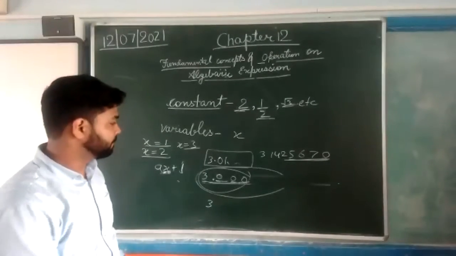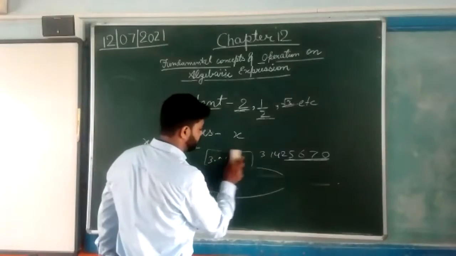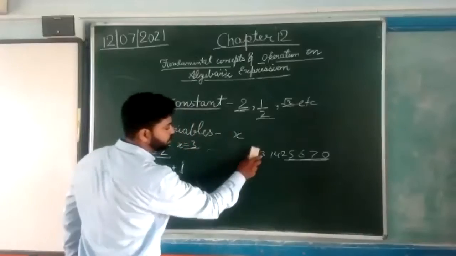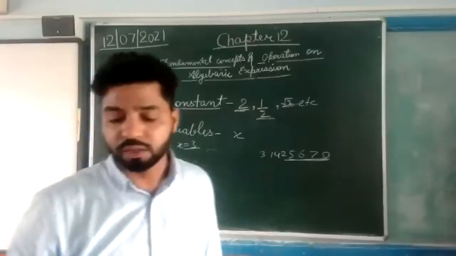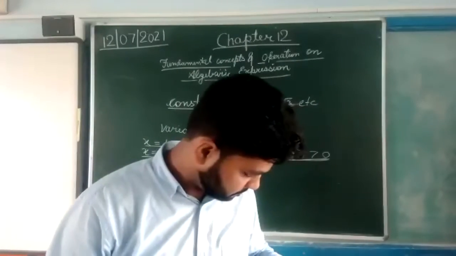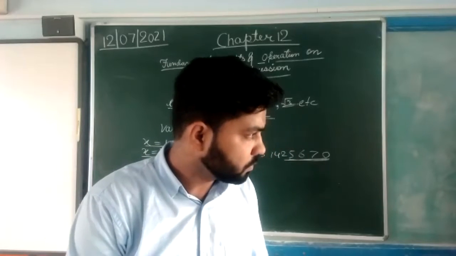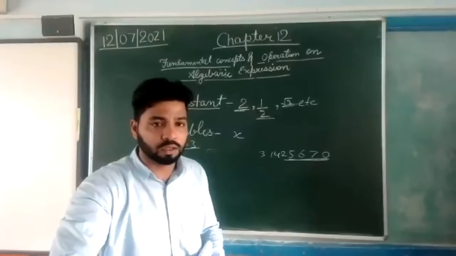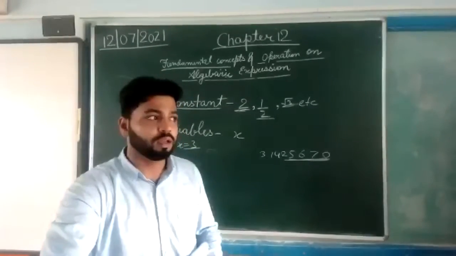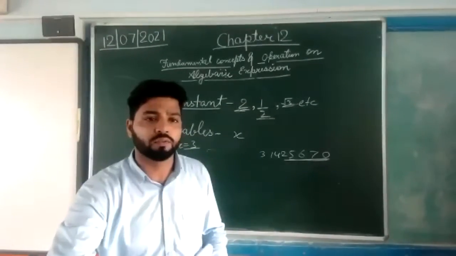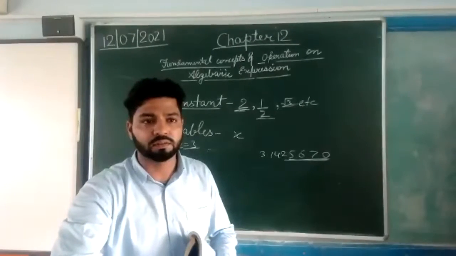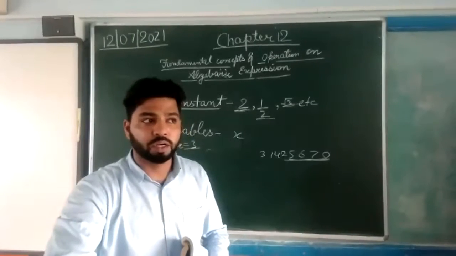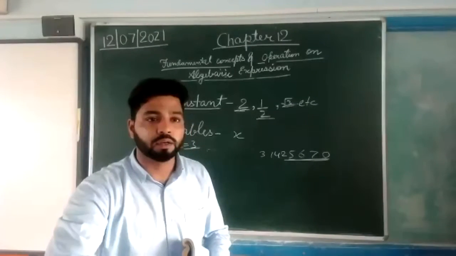Sir, 3.14 is not the real value, but when we apply it in the real world, if we are making a wheel, the wheel will not be accurate. That is because you are doing the theoretical thing. If you do the practical, let's suppose in higher classes you have to find the value of gravitation. What is the value of gravitation? It is 9.8, but it is not exactly 9.8.